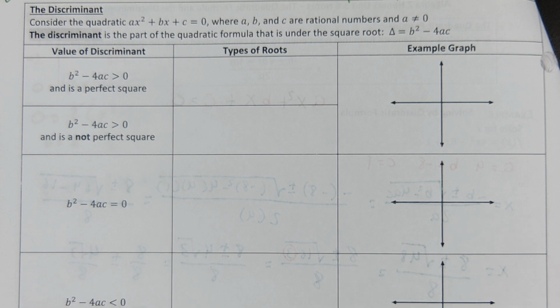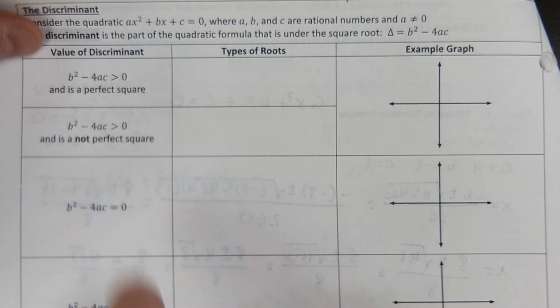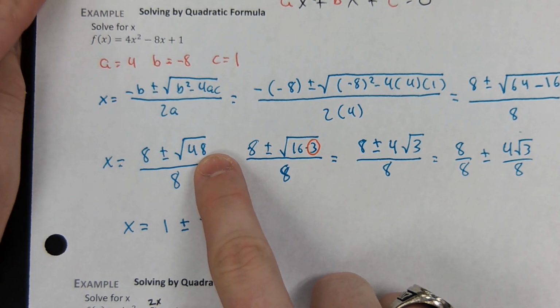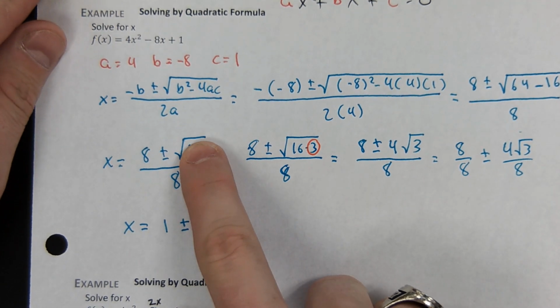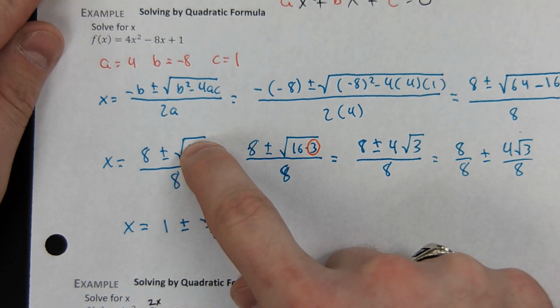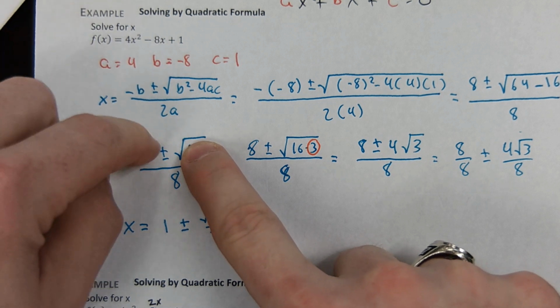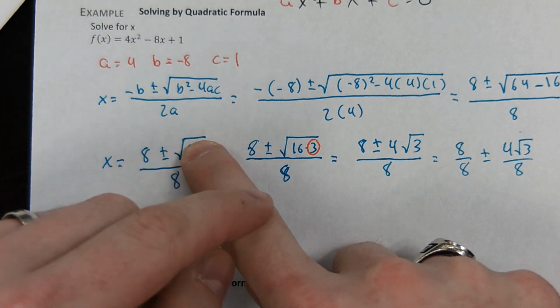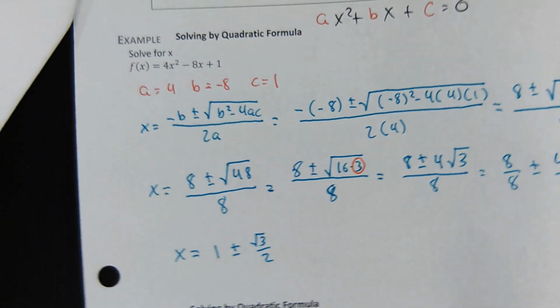But what if that positive number was a perfect square? The one we got on the front was not a perfect square, but for the sake of argument, let's say in here it didn't say 48, let's say it said 16. Square root of 16 is 4. You could have 8 plus 4 divided by 8. That's a rational number. 8 minus 4 divided by 8. That's a rational number.